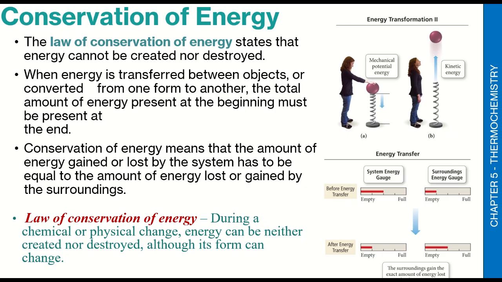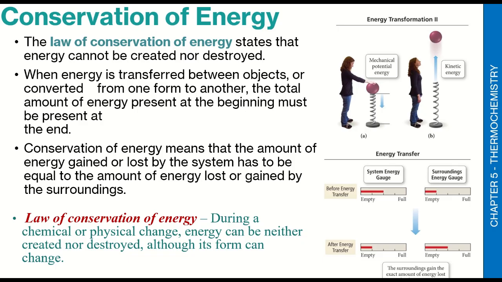So when you say that energy cannot be created or destroyed, which is the first law of thermochemistry, we are saying that when energy is transferred between objects or converted from one form to another, the total amount of energy present at the beginning must be present at the end. So conservation of energy means that the amount of energy gained or lost by a system has to be equal to the amount of energy lost or gained by the surroundings.